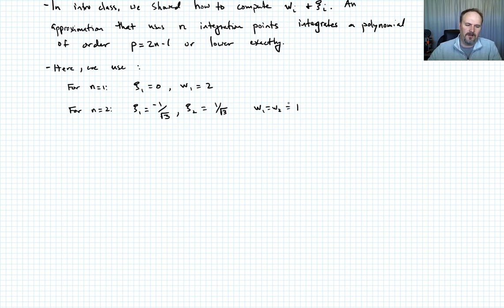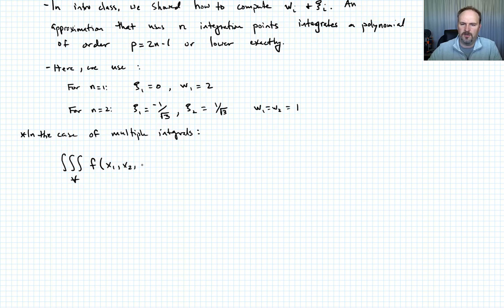What about the case of double and triple integrals? Okay? So let's back out here. So in the case of multiple integrals, realizing that a volume integral is a triple integral, so the integral over the volume, I'm now expanding that out, of some function that is a function of x1, x2, and x3, dV, that is going to be the integral from negative 1 to 1, integral from negative 1 to 1, integral from negative 1 to 1.